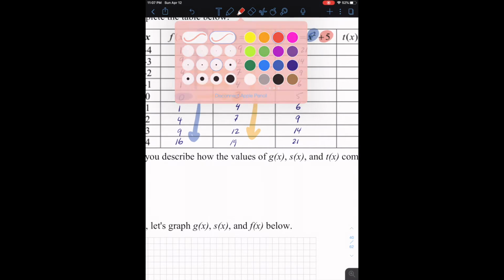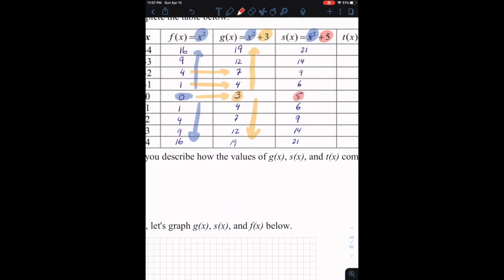And in fact, the same with the 5. We start at the 5, and then we have 6, 9, 14, 21 in both directions. What happens with those values is we go from 0 to 5, from 1 to 6, from 4 to 9. Notice that they are all 5 higher than what the original x squared was.